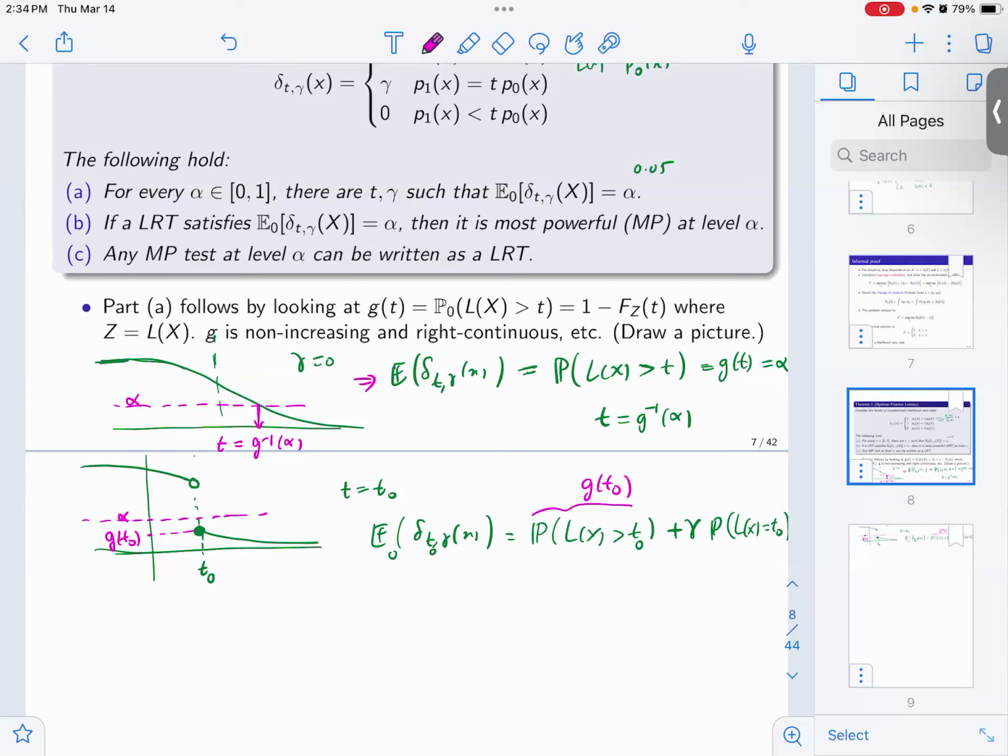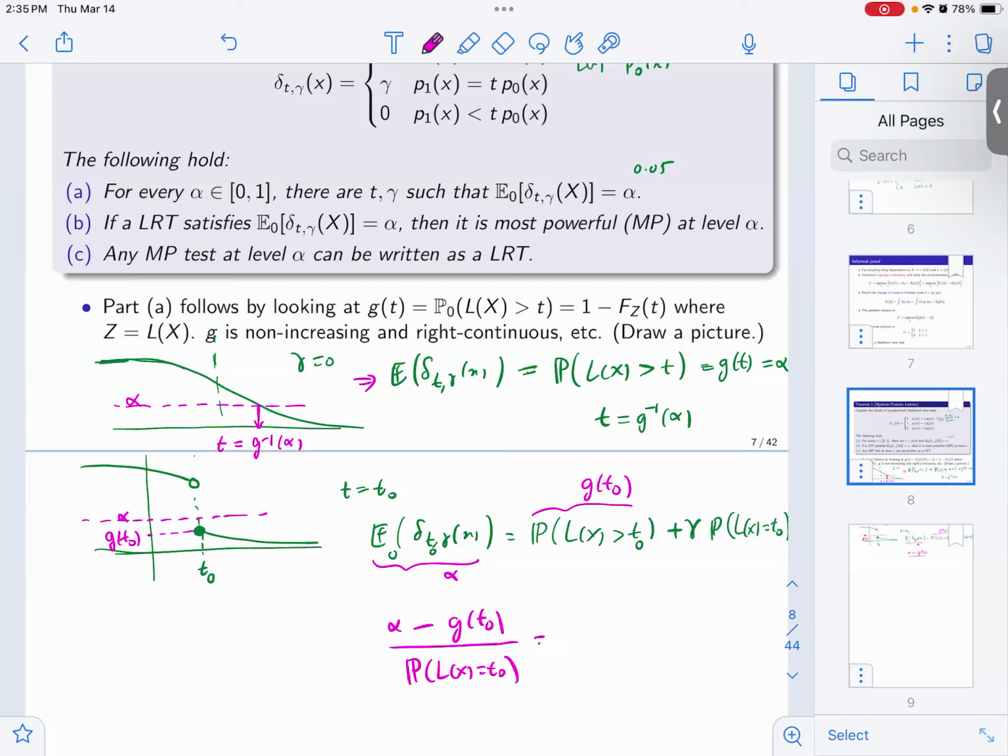It's fixed because once I pass this alpha through this, I know what T naught is, and G is known. So this should be below alpha. What I get is I want this to be alpha. This I know, and I know this is less than alpha. So alpha minus G of T naught is going to be positive, divided by the probability of L of X equal to T naught.